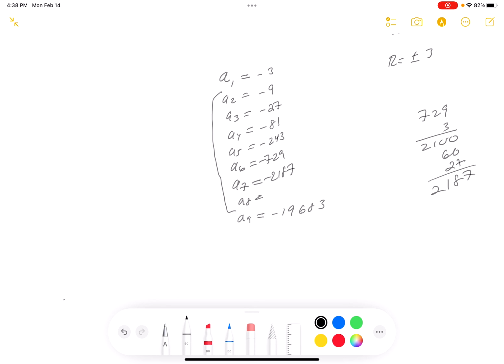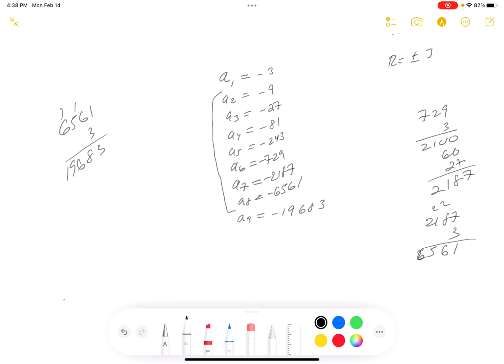That's minus. Multiply by 3 again. And yeah, I really hate to do it, but 2187 times 3 gives 6561. And 6561 times 3 is 19683.